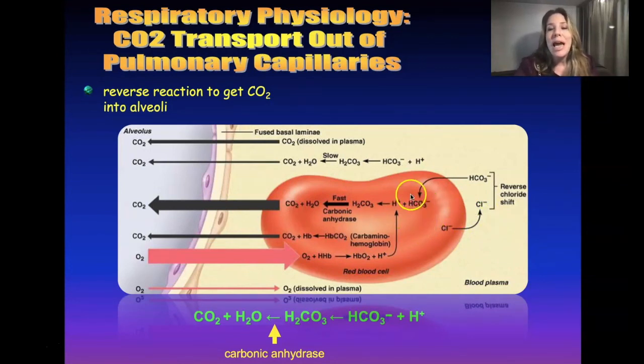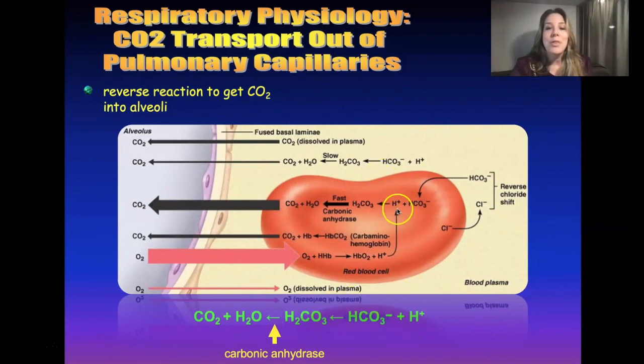So now what's going to happen when we come near the membrane, the respiratory membrane of the alveoli? So here's your alveolus. Here's inside your pulmonary capillaries, and here's a red blood cell. The bicarbonate is going to enter the red blood cell while the chloride ion goes back out. And now this bicarbonate is going to do the reverse reaction of what we saw before. So we have our bicarbonate.